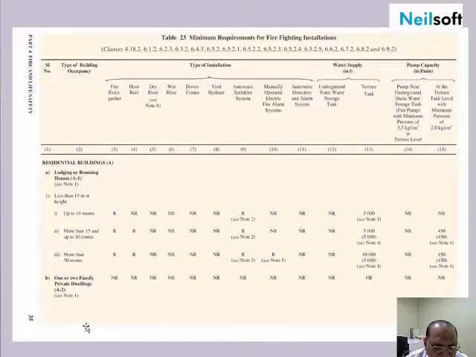Here, for example, you can see that 1 or 2 family private dwellings, which is the A2 category, these items explained over here, extinguishers, hose reels, etc., are marked NR, meaning these are not required for this type of buildings or this type of occupancies.